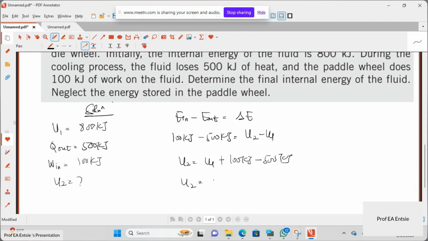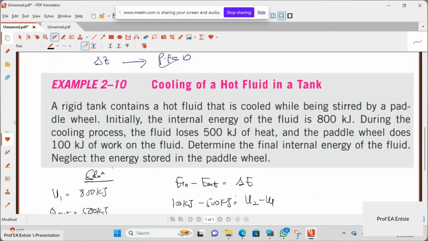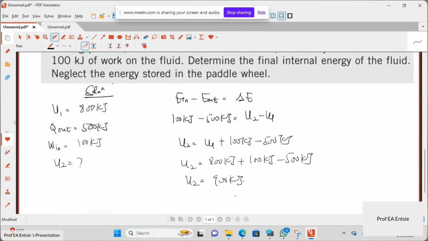So final internal energy will be U1, which is 800 kilojoules, plus 100 kilojoules minus 500 kilojoules. Then U2 will be equal to 900 kilojoules minus 500 kilojoules. So the final internal energy is 400 kilojoules.